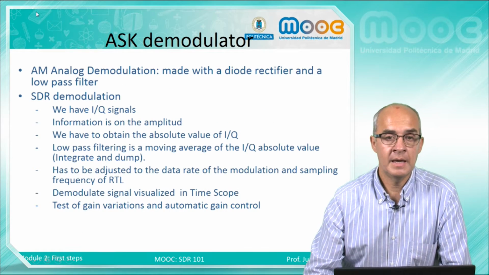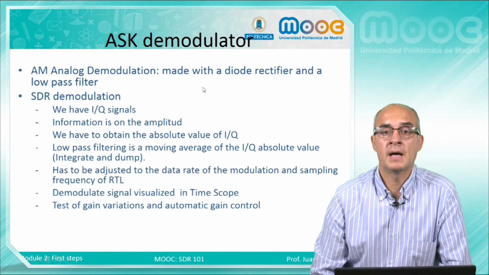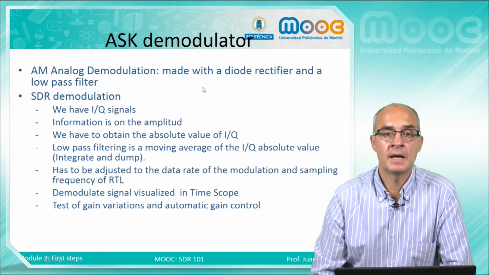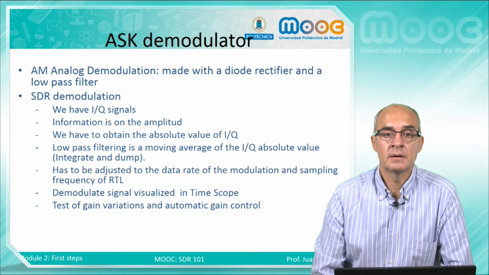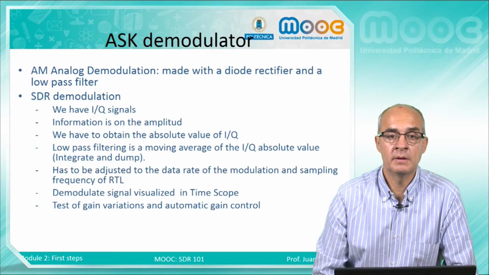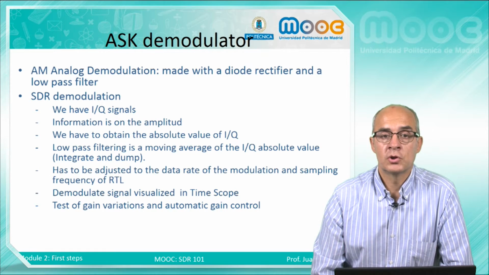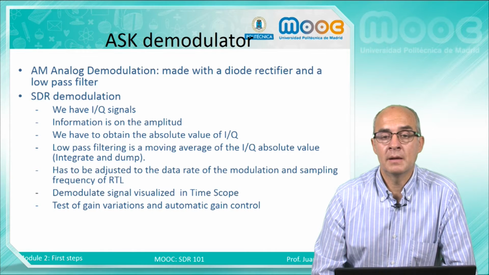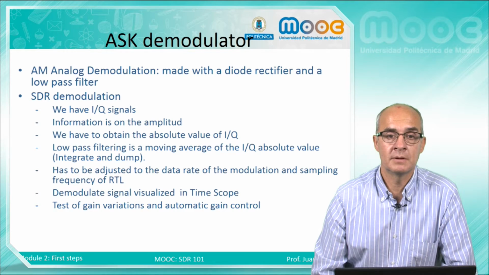Well, AM analog demodulation traditionally was made with a diode rectifier and a low-pass filter. Now in SDR demodulation we have IQ signals, and the data information is in the amplitude of the IQ signals. So we have to obtain the absolute value of the IQ signals to demodulate this modulation.